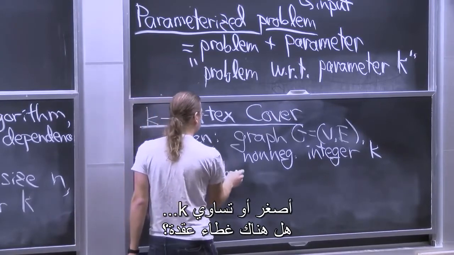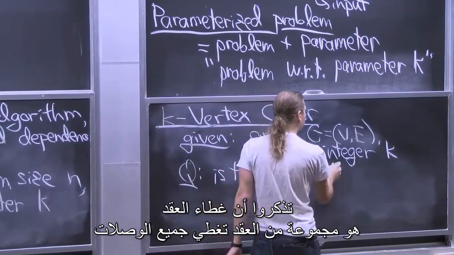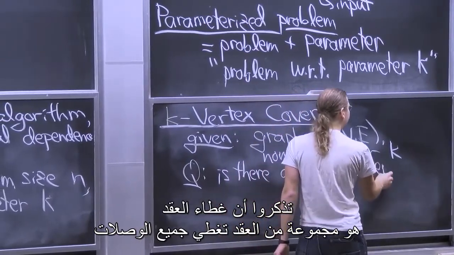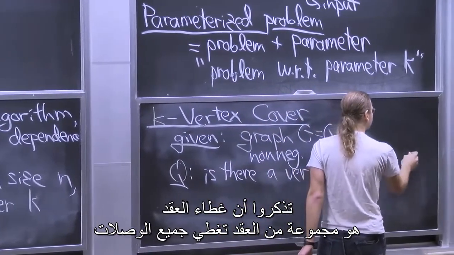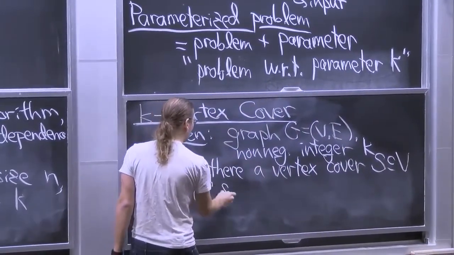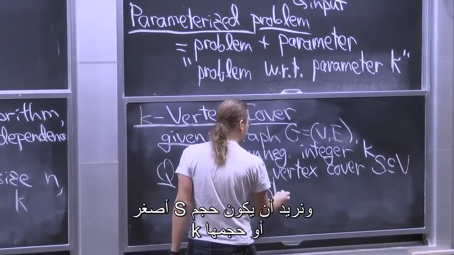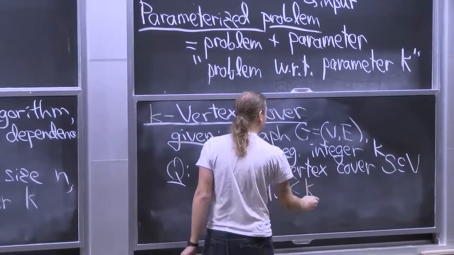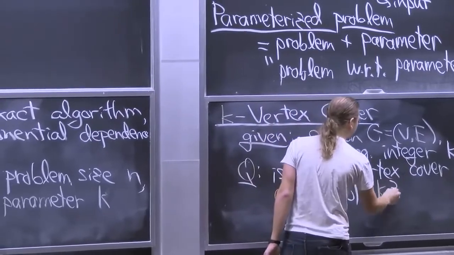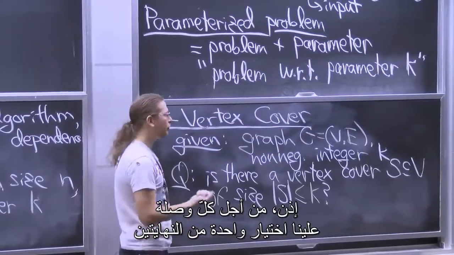Is there a vertex cover? Remember, a vertex cover is a set of vertices that cover all the edges. And we want the size of S to be less than or equal to k. Okay, so for every edge, we need to choose one of the two endpoints.